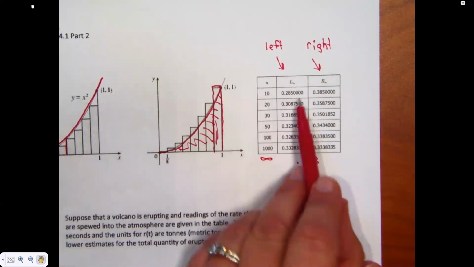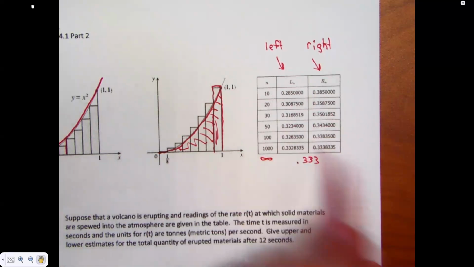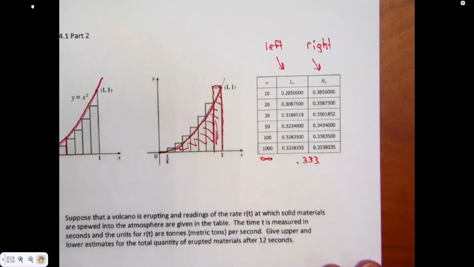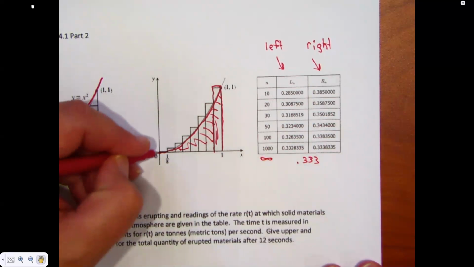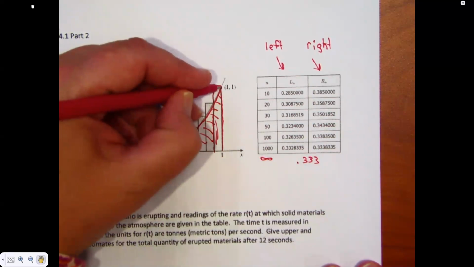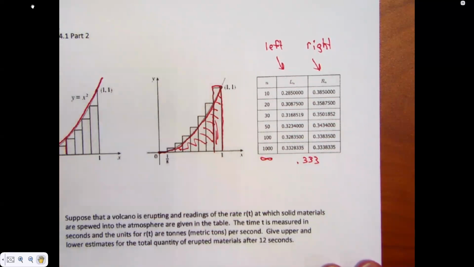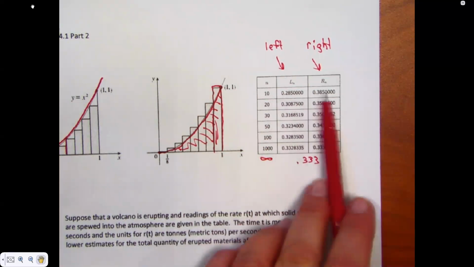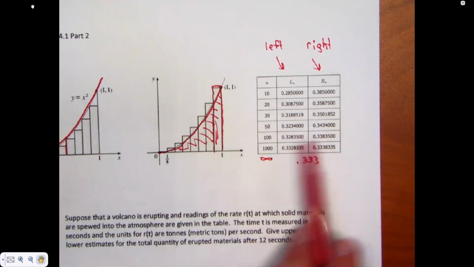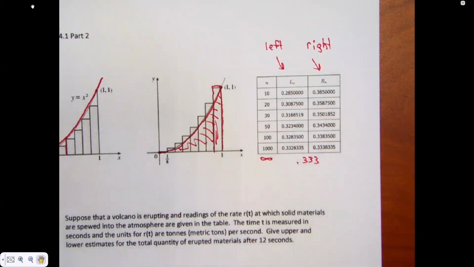Remember, these numbers are all approximating the exact same area, the area under this curve from 0 to 1. Okay? But the more rectangles you have, the more accurate. So all these numbers are approximating the same area, but the goal is the more rectangles you get, the closer you are to the actual number.